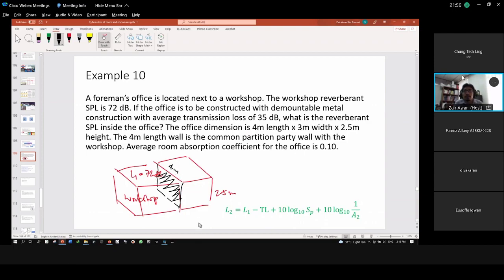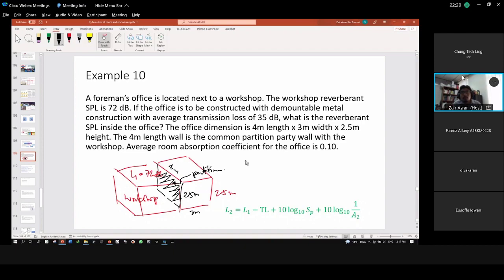That means this length should be 3 meter, based on the information given about the office dimension. So our wall has a dimension of 4 times 2.5 meter. This is our partition, and you should be able to get this from the text given in the question.